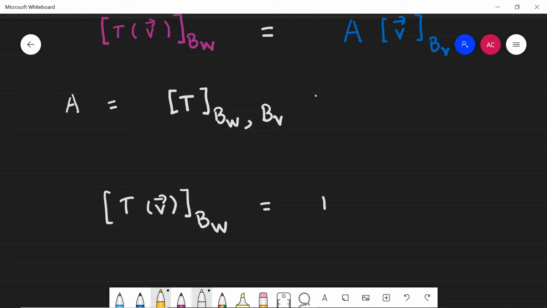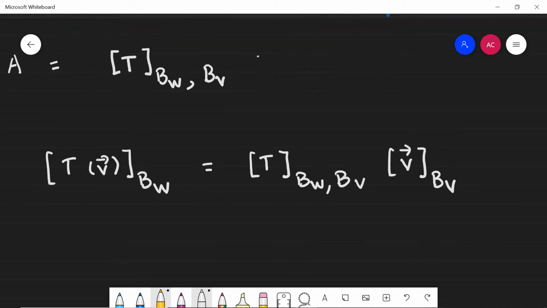This is equal to some matrix, which we're calling the matrix representation, with respect to B sub W and B sub V. And then I multiply that by this coordinate vector for V with respect to the basis for V. Okay, so this is the equation that defines a matrix representation.